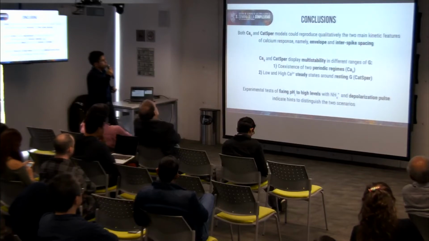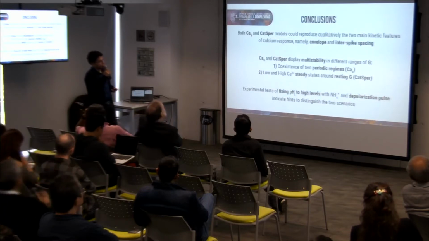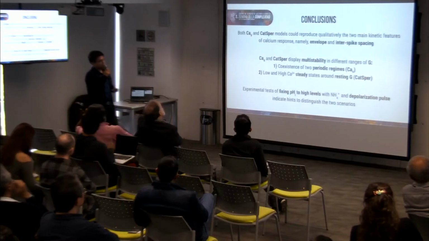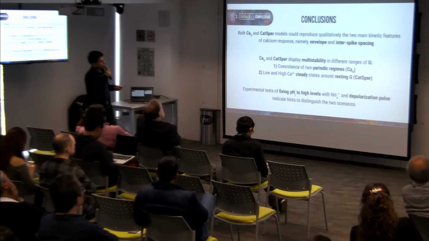So these are the conclusions: both CAP and CatSper can qualitatively reproduce these two main kinetic features, the envelope and interspike spacing. And there's multistability in different ranges, different for these two modules.